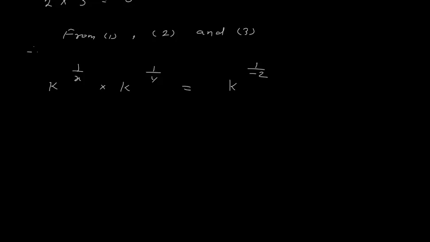So here, as the base is the same, I will say that k power 1 upon x plus 1 upon y is equals to k power 1 upon minus z, that is minus 1 upon z. So now I can cancel this k, and therefore I have 1 upon x plus 1 upon y is equals to minus 1 upon z.